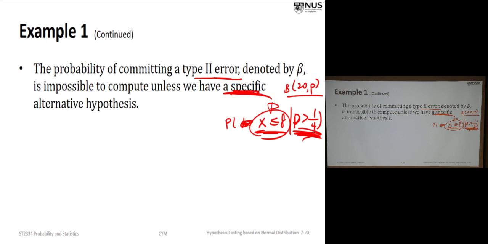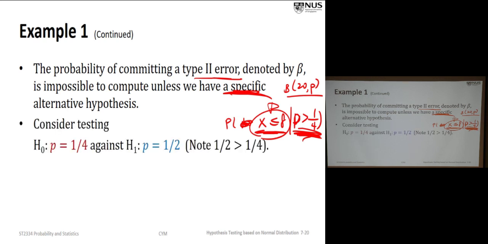So we specify P, let's say P equal to 1/2. Okay? This is just a particular value. Why do I choose that? It just belongs to the alternative hypothesis. You can try P equal to 1/3. All right?